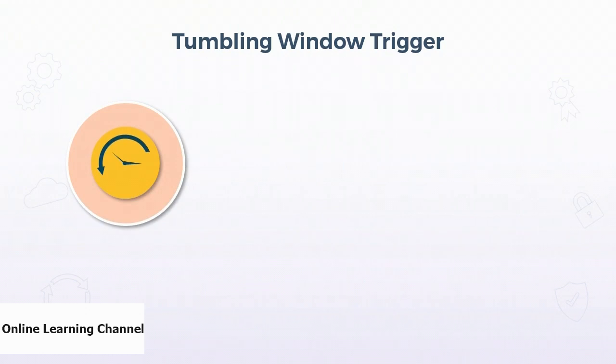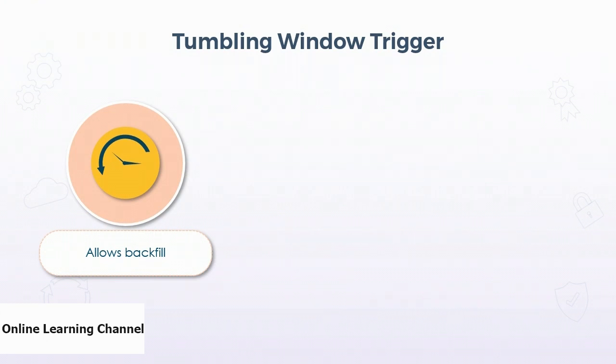Another way the tumbling window trigger differs from a schedule trigger is that it allows backfill of historical time windows. So for example, if a tumbling window trigger is disabled for a week, then re-enabled, it can backfill the week that was missed by triggering for all of the time frames in that week.